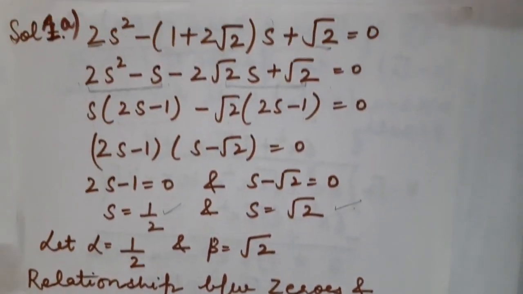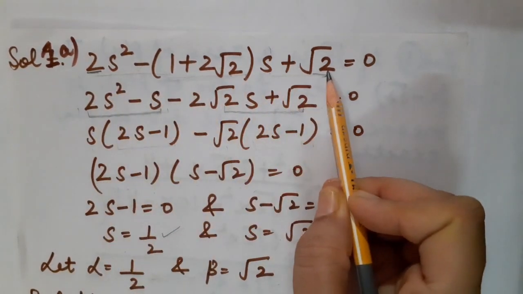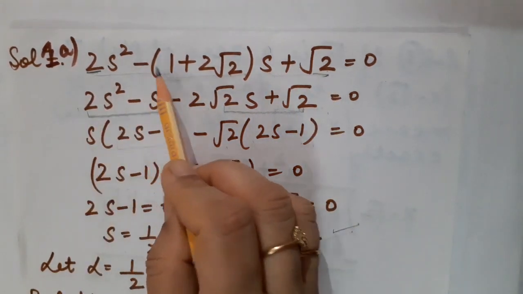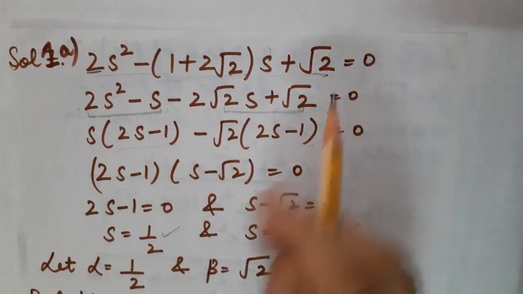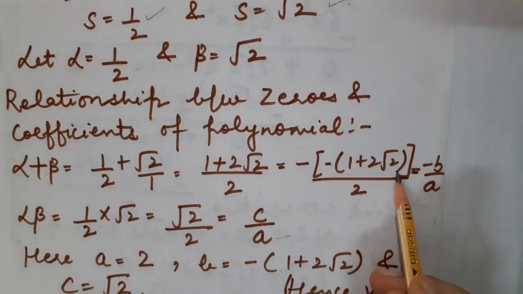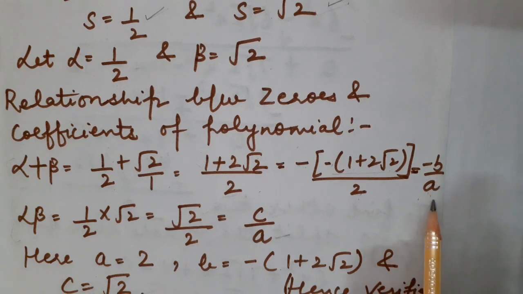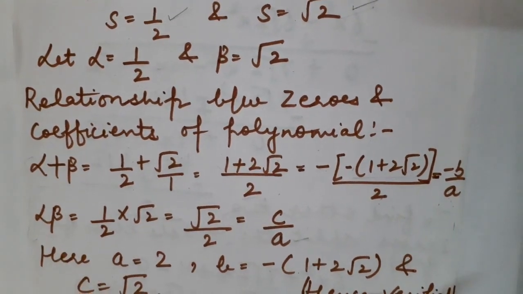But when I compare the given polynomial with the generalized form of a quadratic polynomial, that is ax square plus bx plus c, I got a as 2, b as minus 1 plus 2 root 2 and c as root 2. So it means this is complete b with a minus sign. So it has become minus b by a. Correct? So the sum of the zeros is minus b by a.